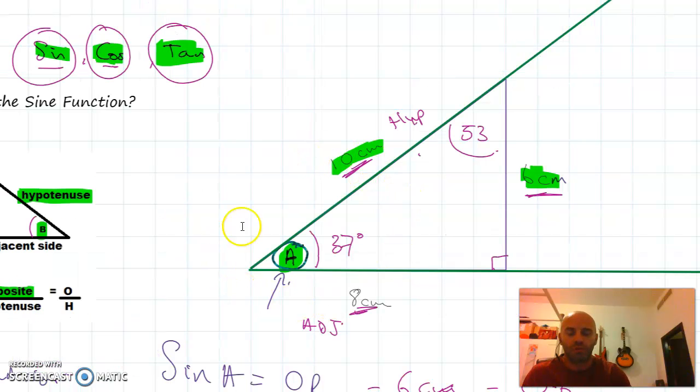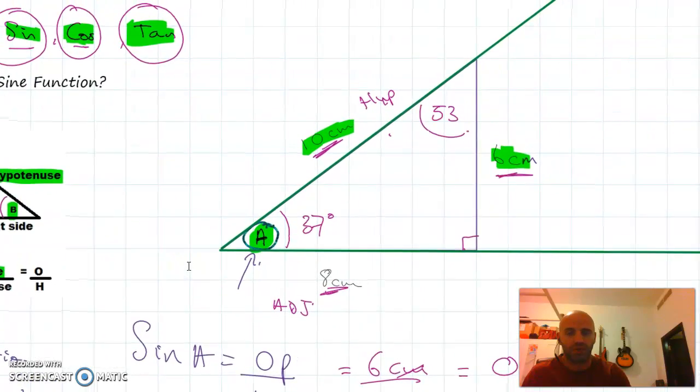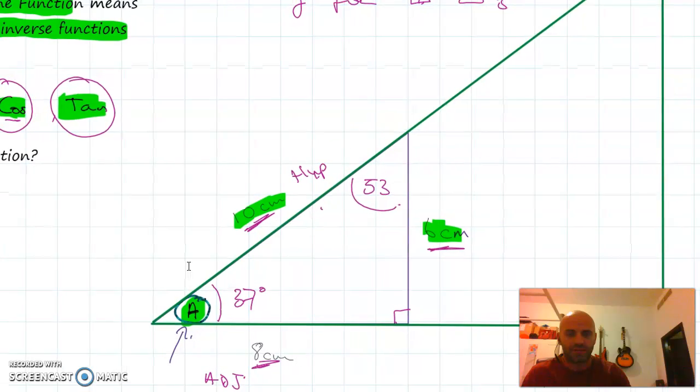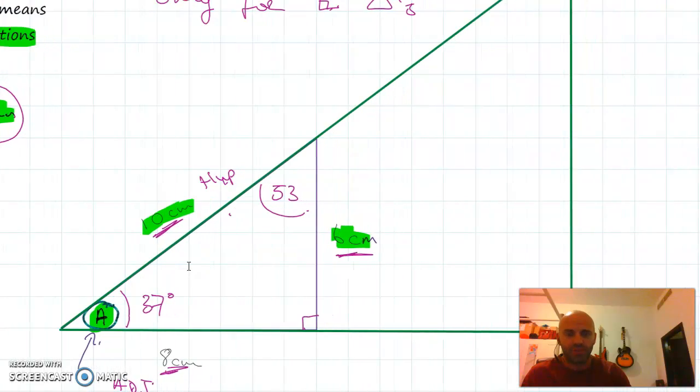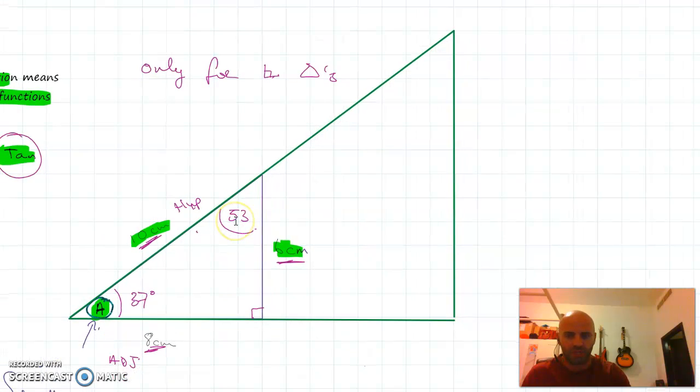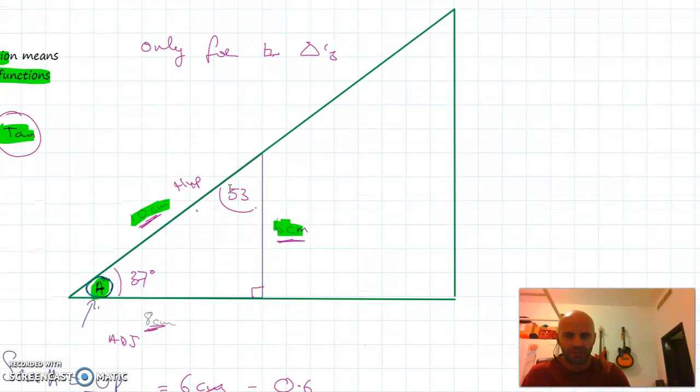Okay, so just one more thing on the sine function before I set you up to do some practice work, is that so long as we keep the same ratio, it works. So if I was to make the triangle bigger, let me zoom out a little bit so that you can see what I've done here.